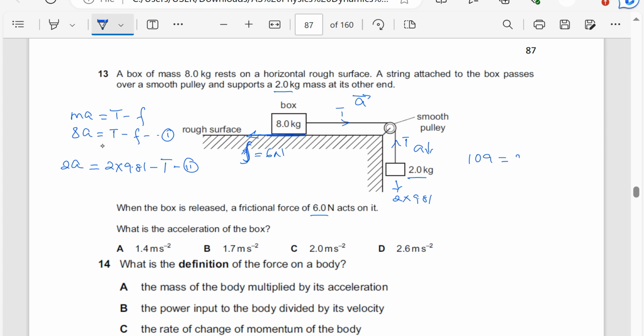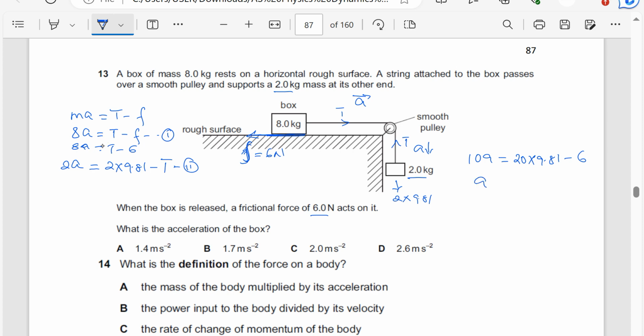So I remain with 2 times 9.81 plus negative F, that is minus 6, because this is the same as 8a equals T minus 6.